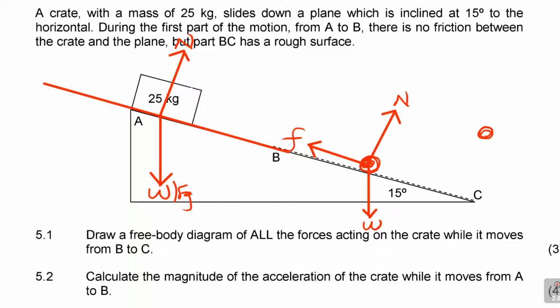You just do that and then use a ruler. You do this and then you do that. Must be straight lines. Don't worry about the sizes as such. So that's what you need to draw, to say this is the weight, this is the normal, and this is the friction.